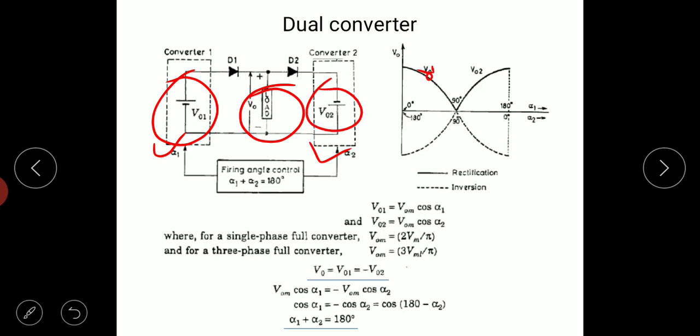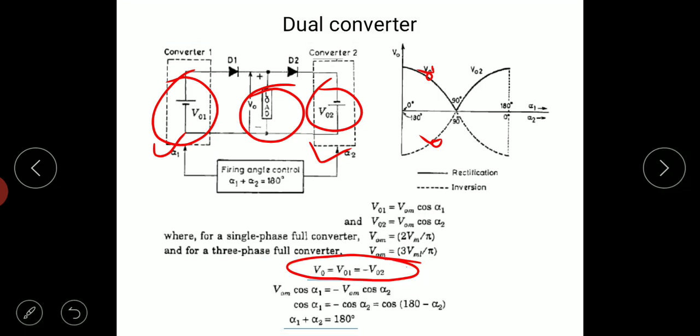Or we can see here that if V naught 1 is equal to negative of V naught 2, then both these will match. So the condition is V naught 1 must be equal and opposite to V naught 2.